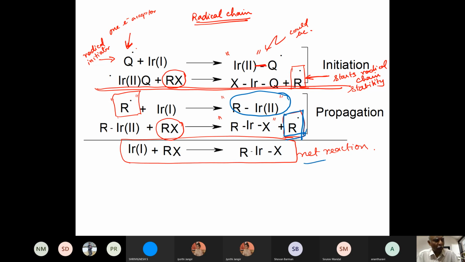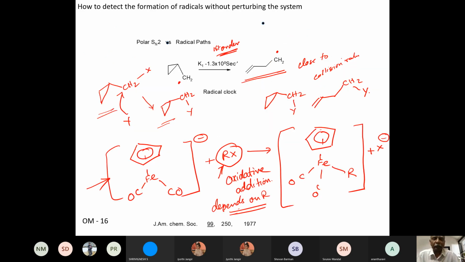So although the net reaction is still oxidative addition of RX across the iridium 1 species, it is very clear that you have a radical involvement.